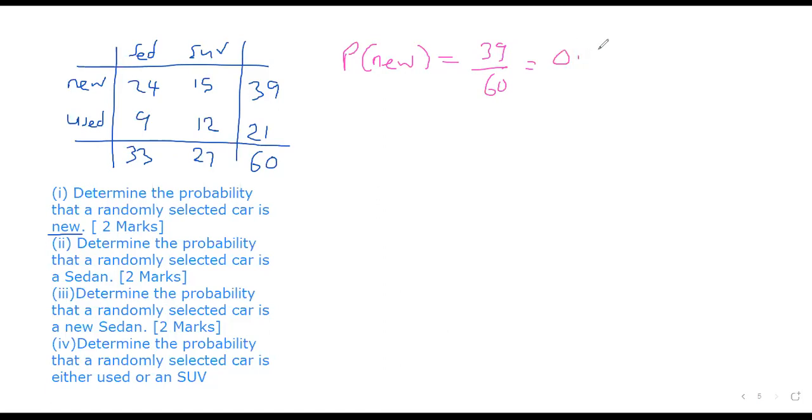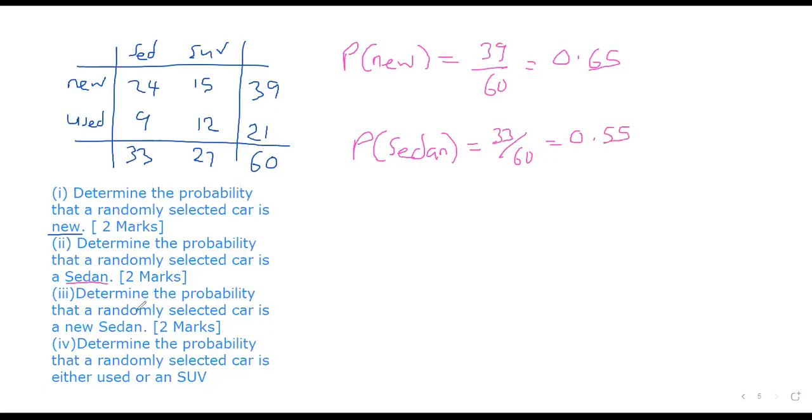Correct. Next, tell me the probability that the car selected was a sedan. It's 33/60, which is 0.55.